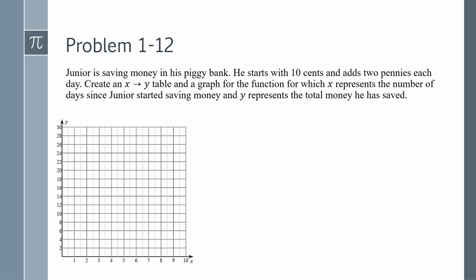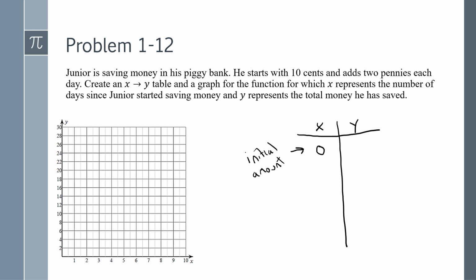So I'm going to make a T chart. X, Y. And when you make T-charts, anytime the X value is 0 in a story problem, that means the starting amount. This is when time starts, for that initial amount.